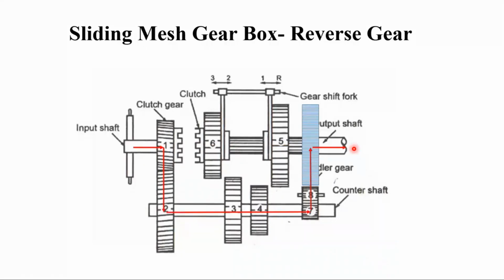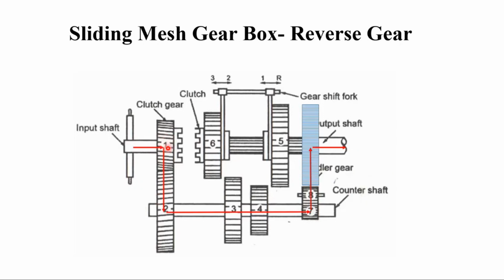You have the reverse gear. So in the reverse gear, what happens? This gear 5 will move towards the right, and this engages with gear 7 and gear 8. There is an idler gear, called gear 8, which is being used for the reverse application. When the shaft is running counterclockwise here, what happens?